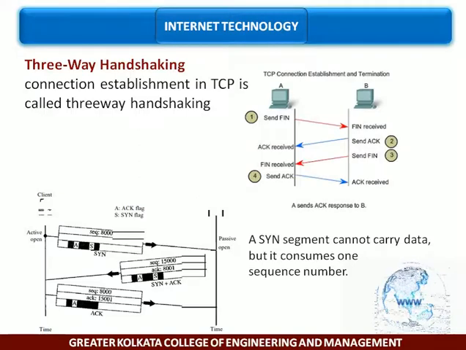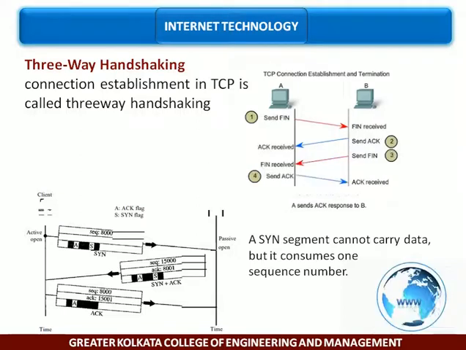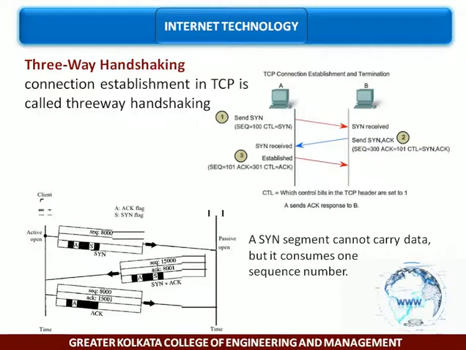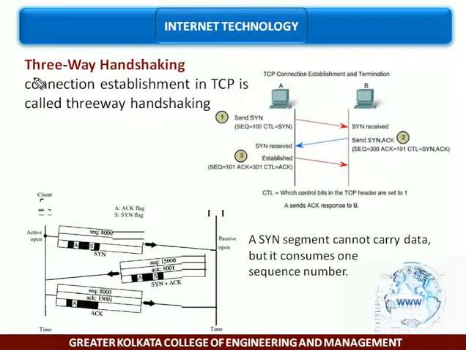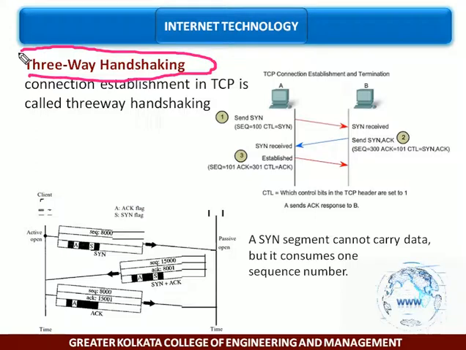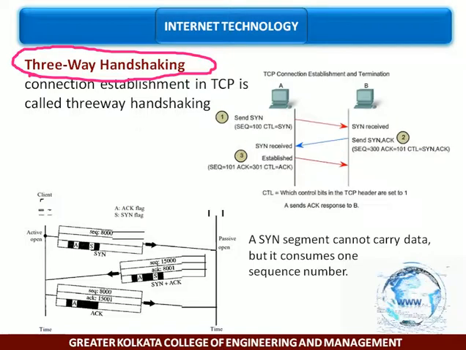This implies that each party must initialize communication and get approval from the other party before any data are transferred. That's why 3-way handshaking communication is required. The connection establishment in TCP is called 3-way handshaking.